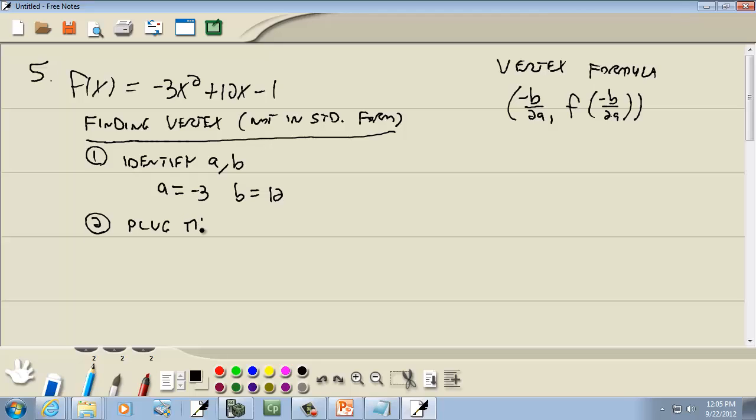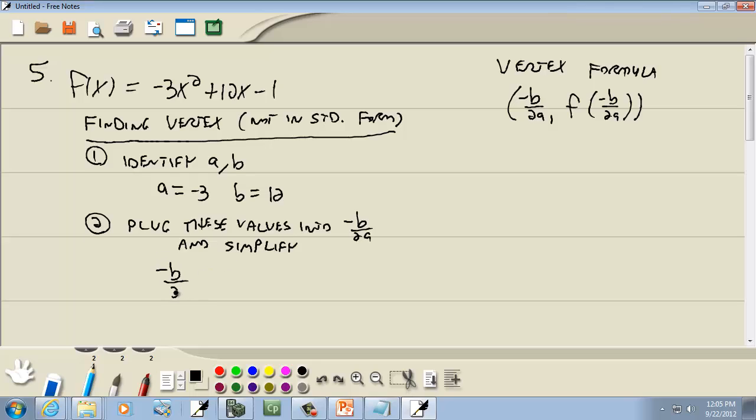Now step 2, plug these values into negative b over 2a and simplify.